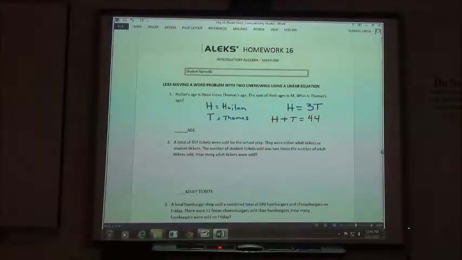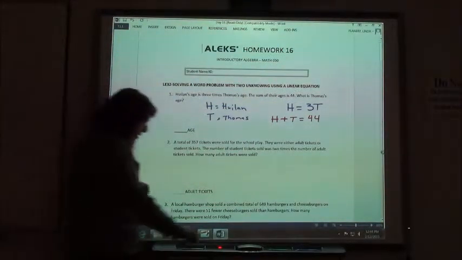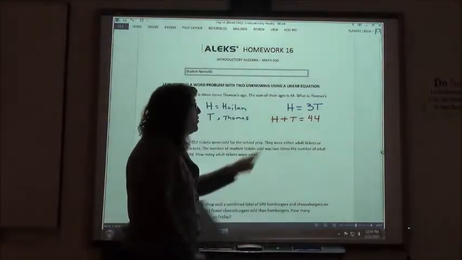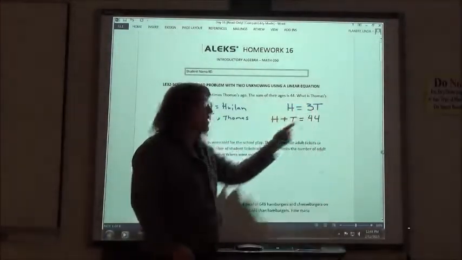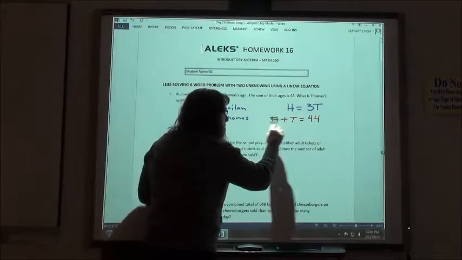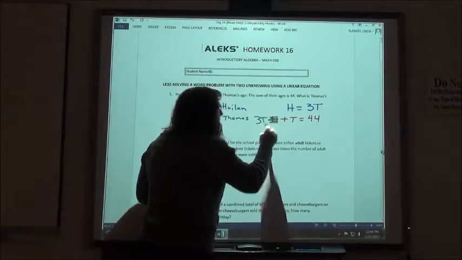So we're going to solve this by doing substitution. We know that H is equal to 3 T's, so we're going to get rid of the H and put 3T in its spot.